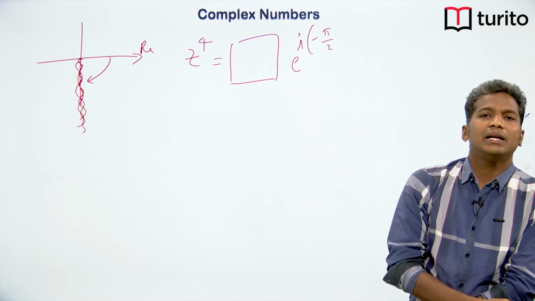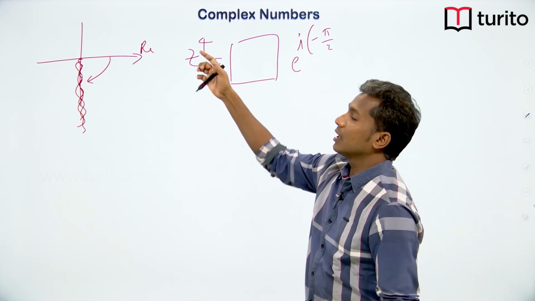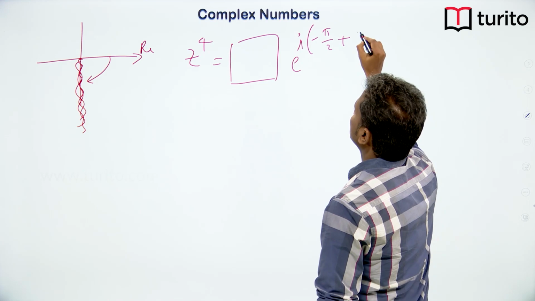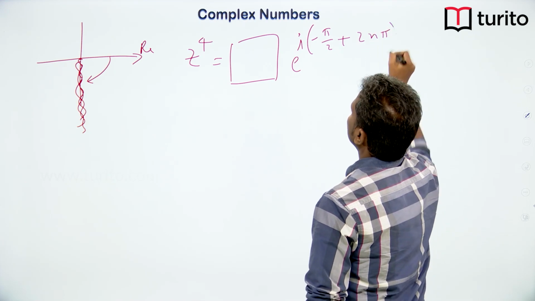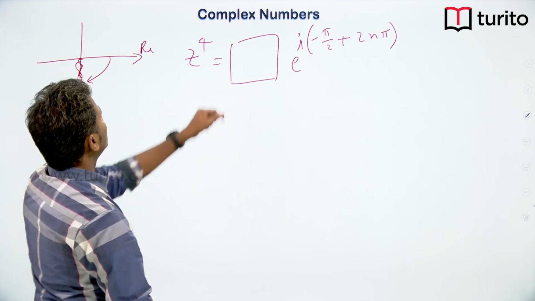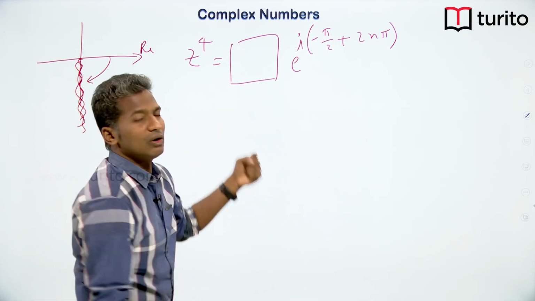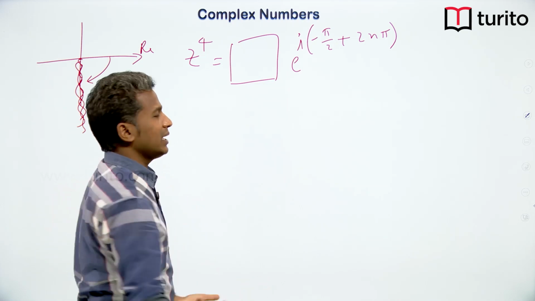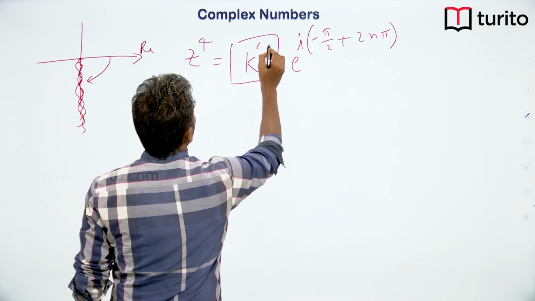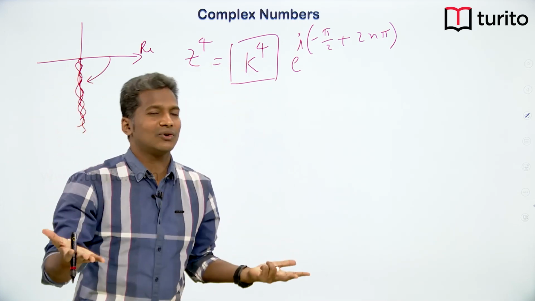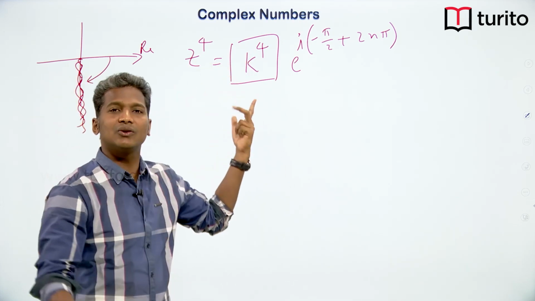But whenever we write argument while solving questions with higher order powers, we always write the general argument, which is 2n pi. Okay. So, here because magnitude is always non-negative, it does not matter what you take. I can take it as k or I can take it as k power 4 also. I took k power 4 just to make sure that there are no roots involved. If I take it as k, then also it is fine.